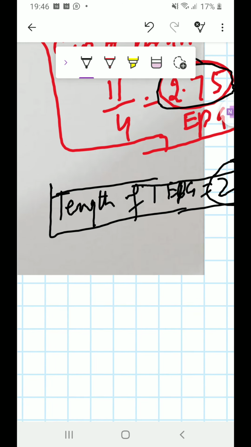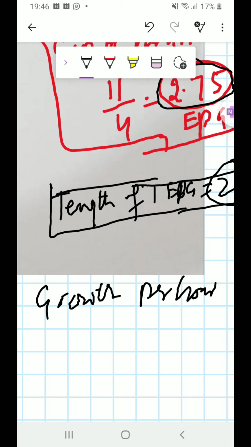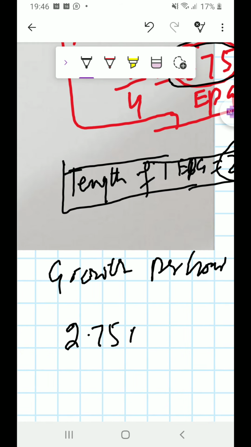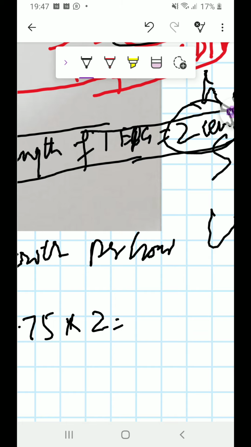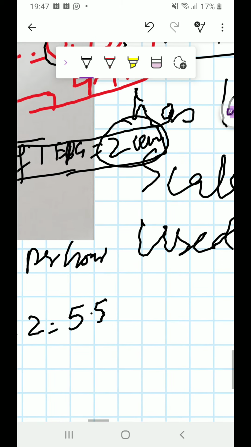Growth per hour is equal to 2.75 multiplied by 2, which gives us 5.5 micrometers per hour.